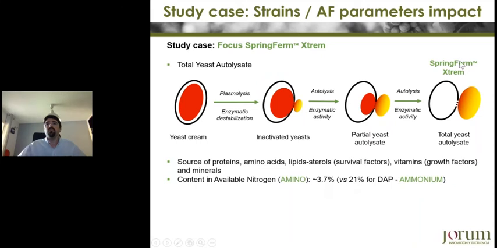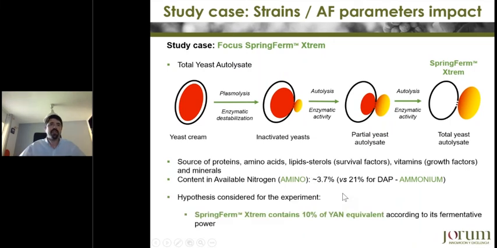In the total yeast autolysate, you have about 3.7%. But you don't have only nitrogen in Springferm Extreme. You also have all the other nutrients. So that's why for this experiment, we considered that Springferm Extreme contained 10% of YAN equivalent according to its fermentative power. So 10% for Springferm Extreme and 21% for the DAP.